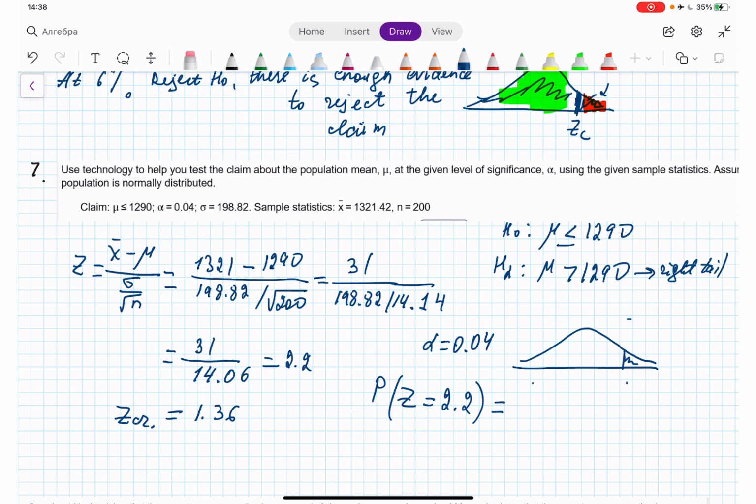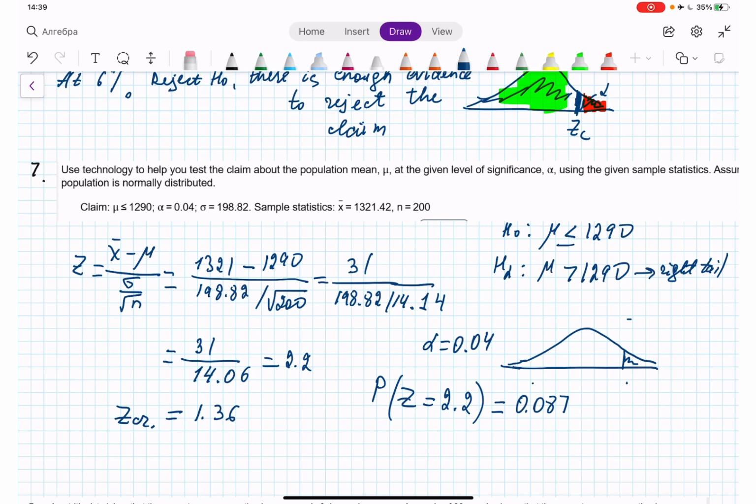If you look on the table, it's going to be 0.087. In the comments under this video, I will place a link to a Z table video so you can see how the Z score works if you forgot about it.